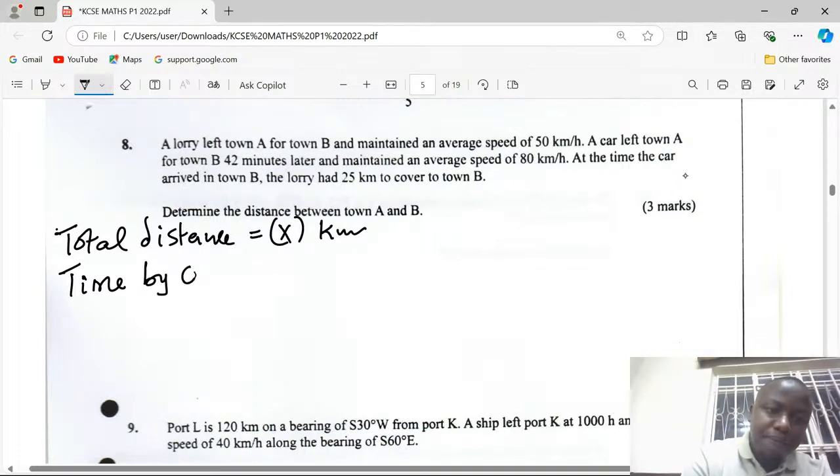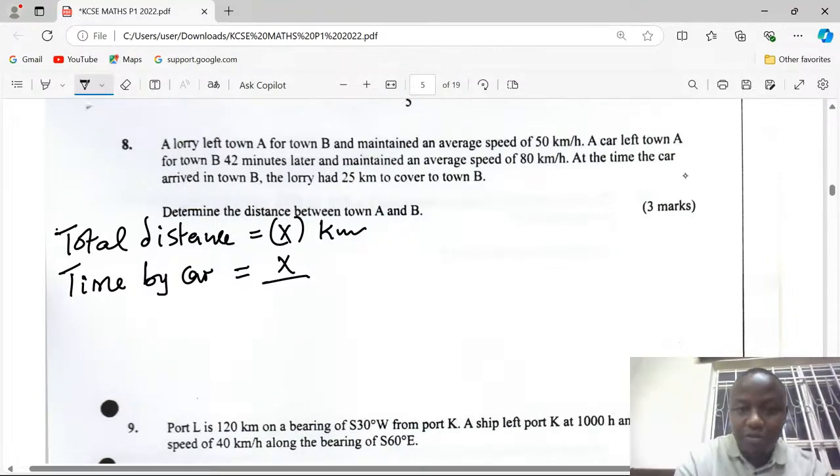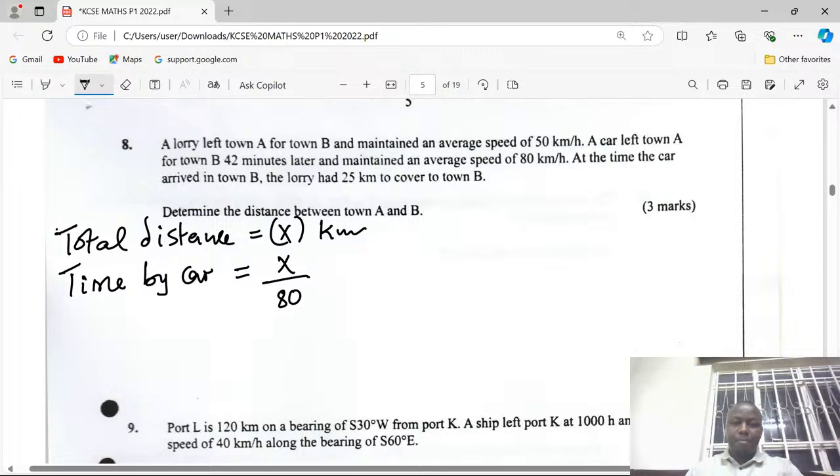Let's talk about the time. The car will cover all this distance using a speed of 80, of course. That is the time taken by car. What about by the time the car is finishing the journey?